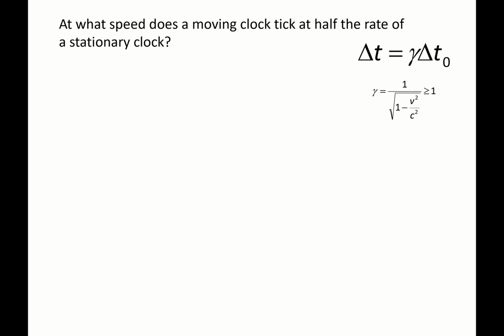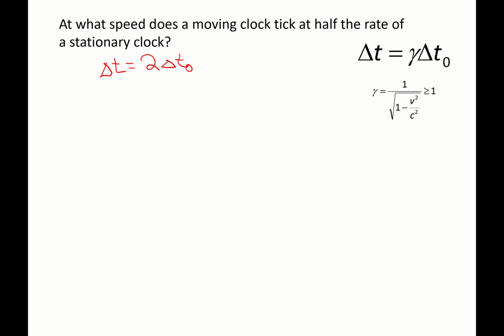Okay, how about a problem where the math is a little bit more difficult? So we want to know, at what speed does a moving clock tick at half the rate of a stationary clock? So what that means is that delta t, the stationary clock, measures twice the time as the moving clock.